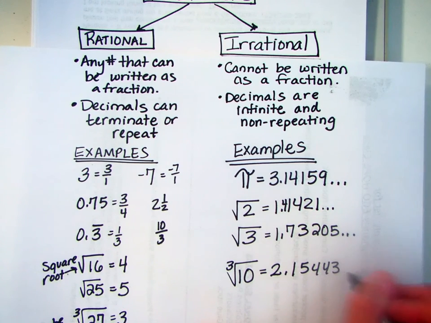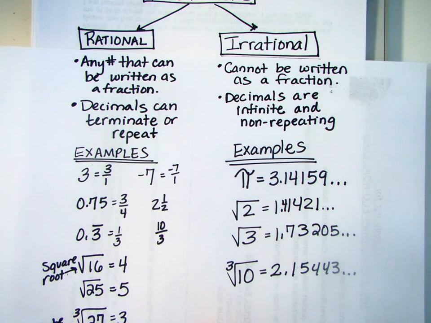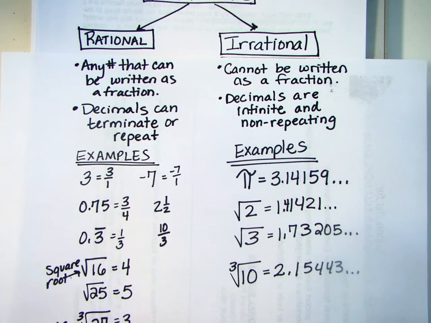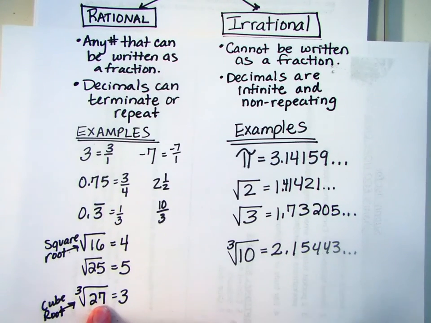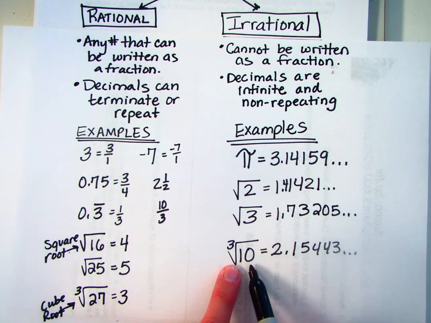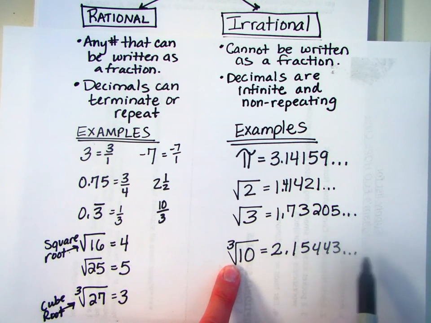It is infinite. Okay, so this one here, cube root of 27, that's a perfect cube number. It comes out to a nice whole number, and it falls under our rational side. But sometimes when we take the cube root, if we get that long decimal, we need to know that it's going to be infinite, no repeating pattern, and it will be an irrational number.